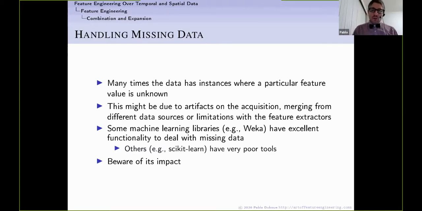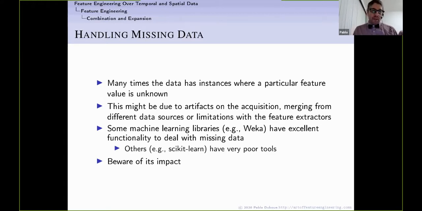Yes, the default you want for imputation, for missing data, is a number that will be as inconspicuous as possible, that will not attract the attention of the machine learning. Yes, it's a number that will make the machine learning look elsewhere. So an average will be good, for example.